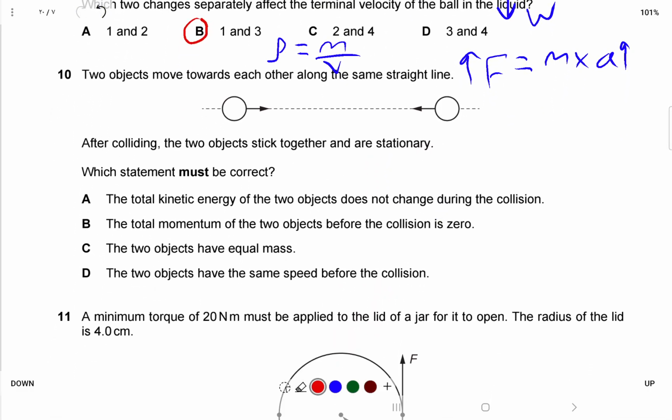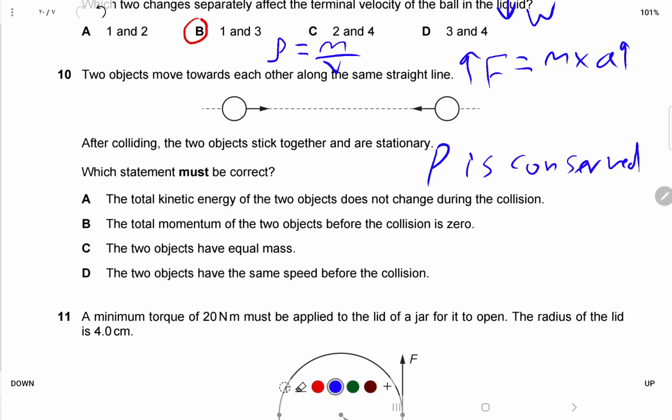Question 10. 2 objects move towards each other along the same straight line. After colliding, the 2 objects stick together and are stationary. Which statement must be correct? Here you have to know that momentum P is conserved.